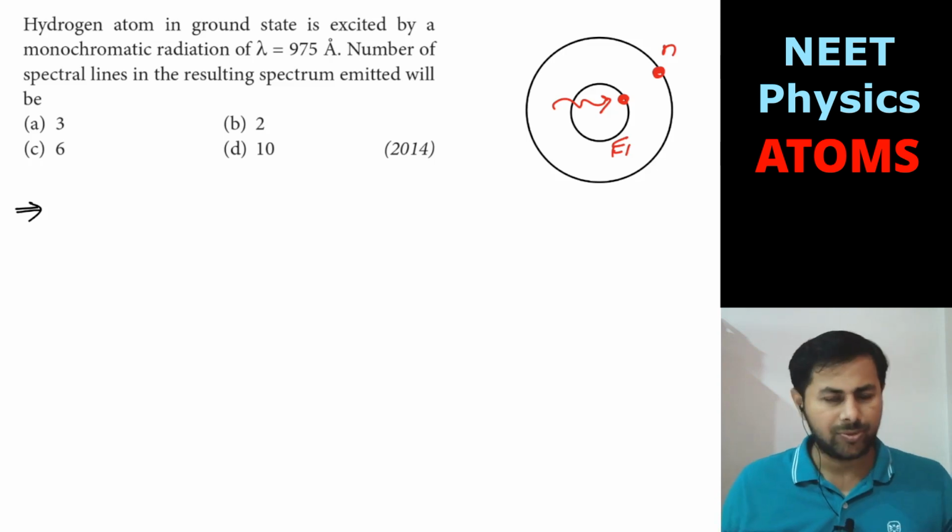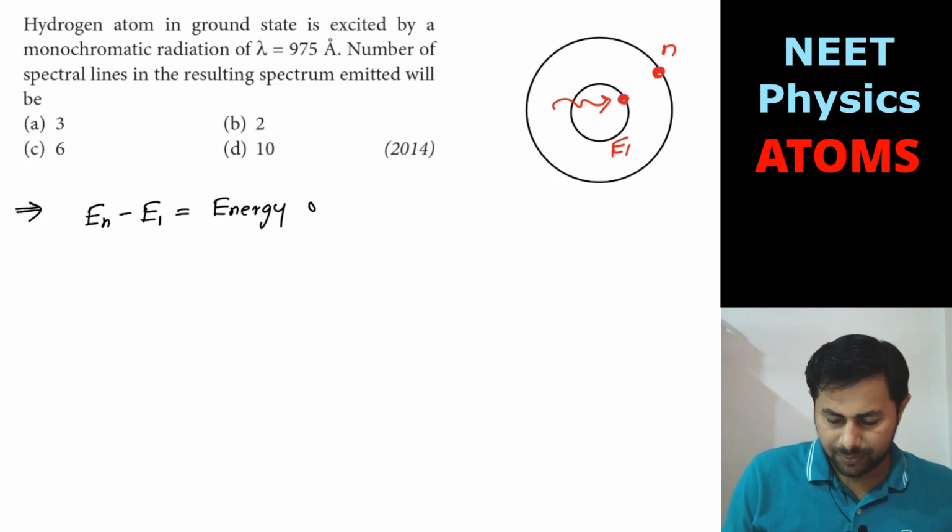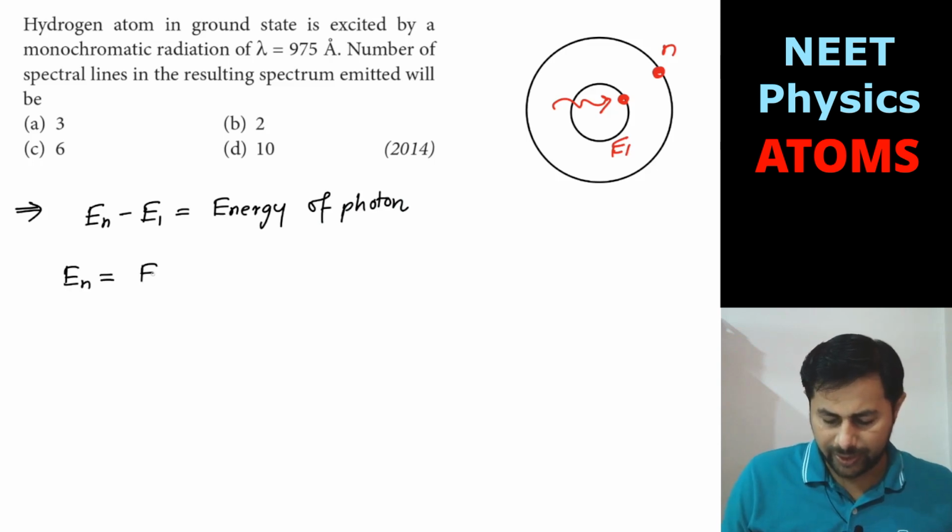That means energy of the photon must be equal to En minus E1. So En is equal to E1 plus energy of photon. And what is energy of photon? h nu, but this is given in terms of lambda, so hc by lambda. Then put the values.